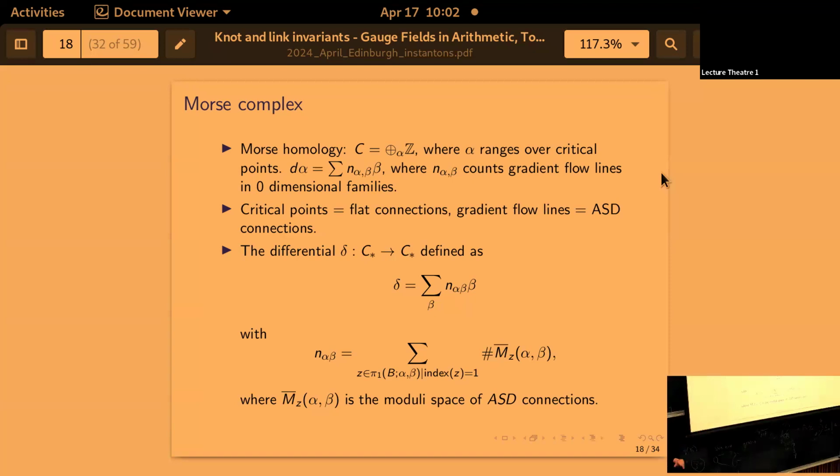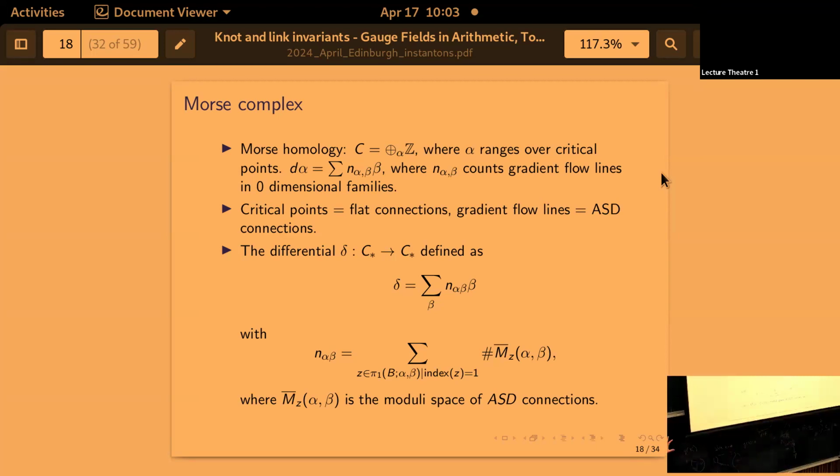I said connections mod gauge in general is horrible because the action could have stabilizers and it's very bad. But if you use manifolds that have some nice properties, you can make it so that flat connections mod gauge does not have this problem of stabilizers.